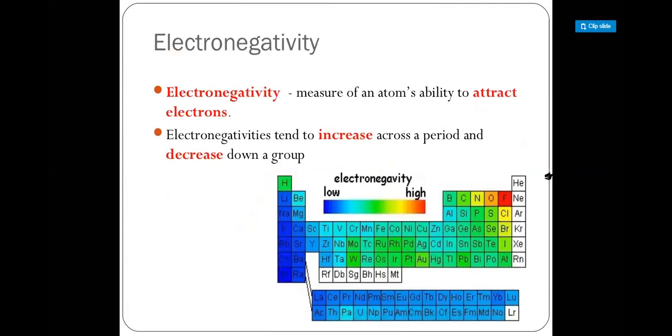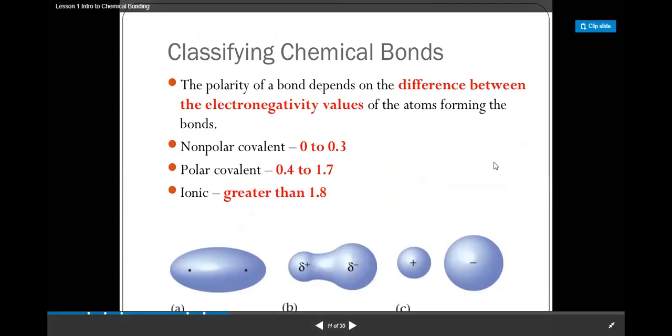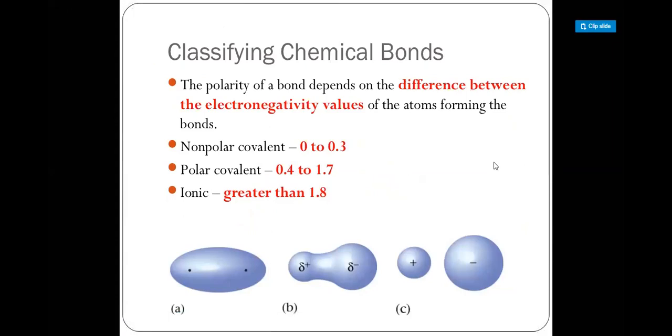And electronegativity, as I discussed. So this is the classification of chemical bonds based on the electronegativity difference. As I told, the same thing is here. The polarity of a bond depends on the difference between the electronegativity values of the atoms forming the bond. Non-polar covalent, as we discussed, is 0 to 0.3.